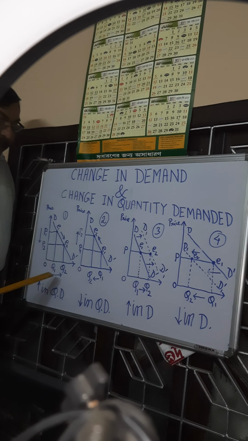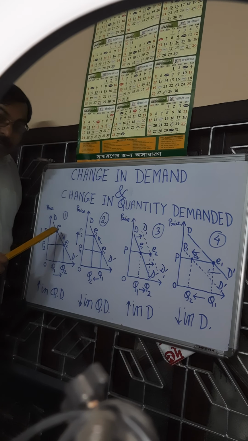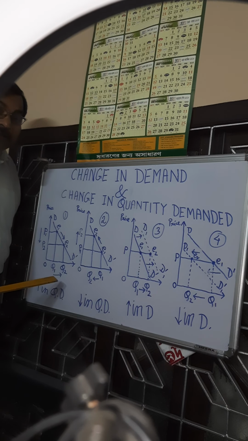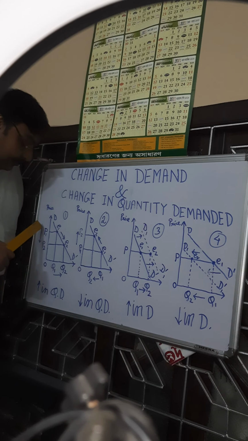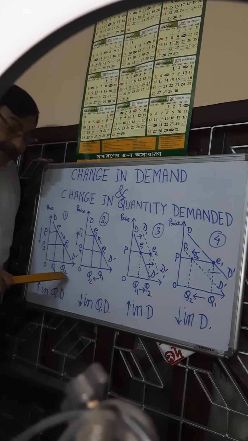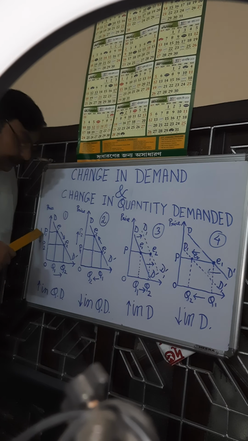This diagram explains increase in quantity demanded. Here demand rises from OQ1 to OQ2. Why? Because of fall in price.